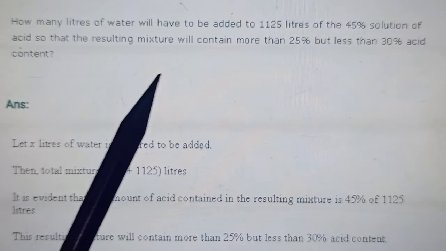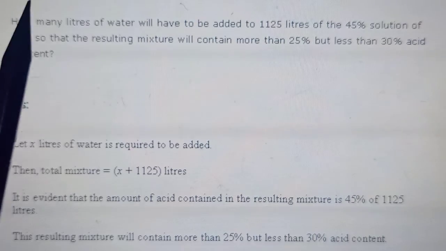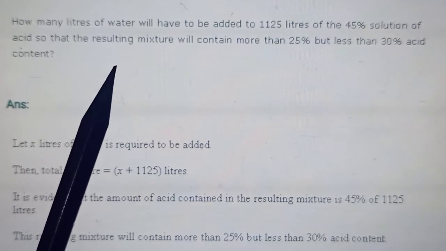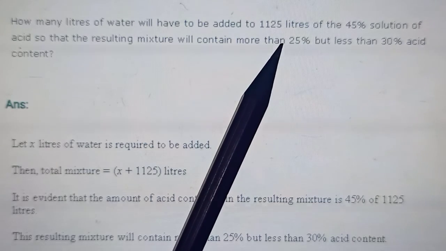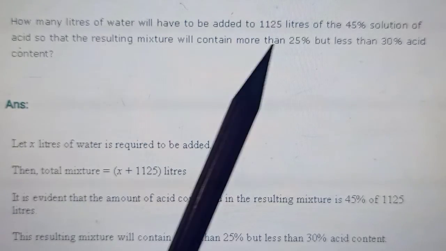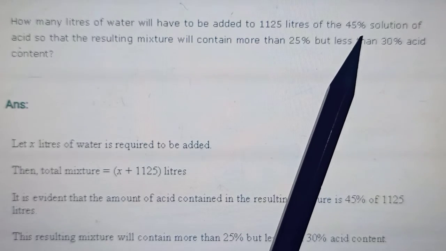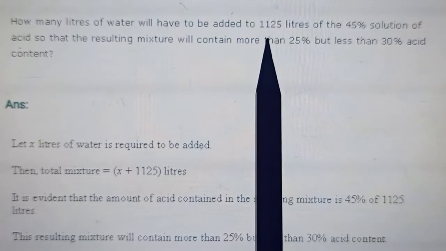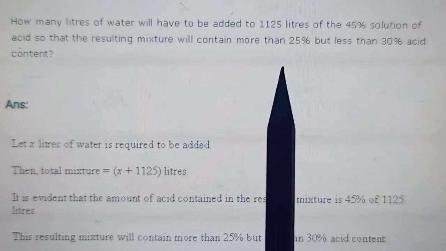Here you are adding simply water. So when you add water, you don't get any acid from it. Whatever acid content you get would be from the 1125 liters, whose strength was given as 45%. So the amount of acid present would be 45% of 1125. That is what you have to remember.